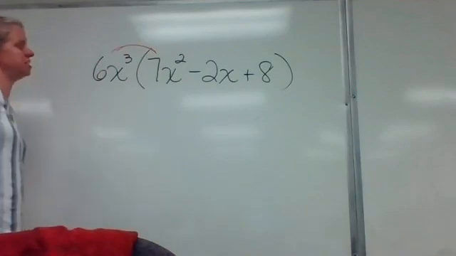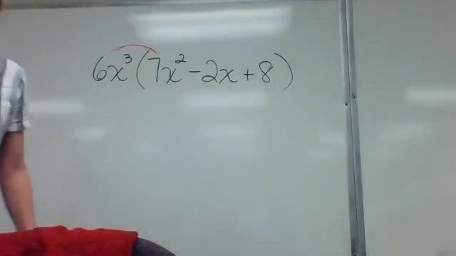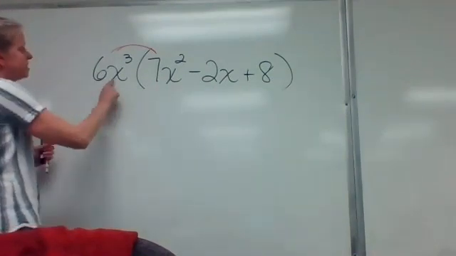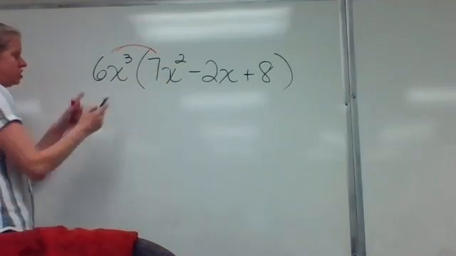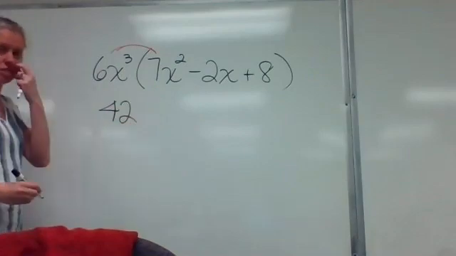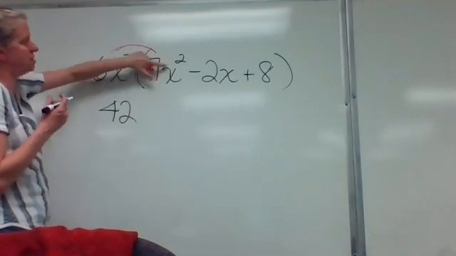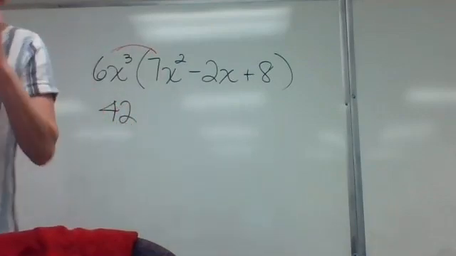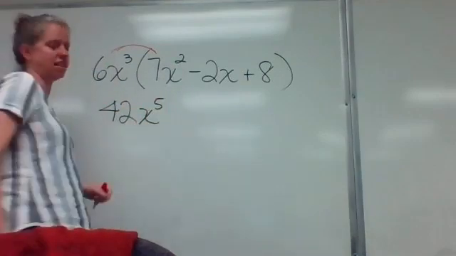So I'm going to distribute that 6x to the third to all 3 of these terms. So let's see, what do I do first? I've got 6x to the third times 7x squared. So I've got 6 times 7, which is 42. What are my x's going to do? I've got x to the third times x squared. So multiplying x's means I'm going to add their exponents. So this one will give me x to the 5th.